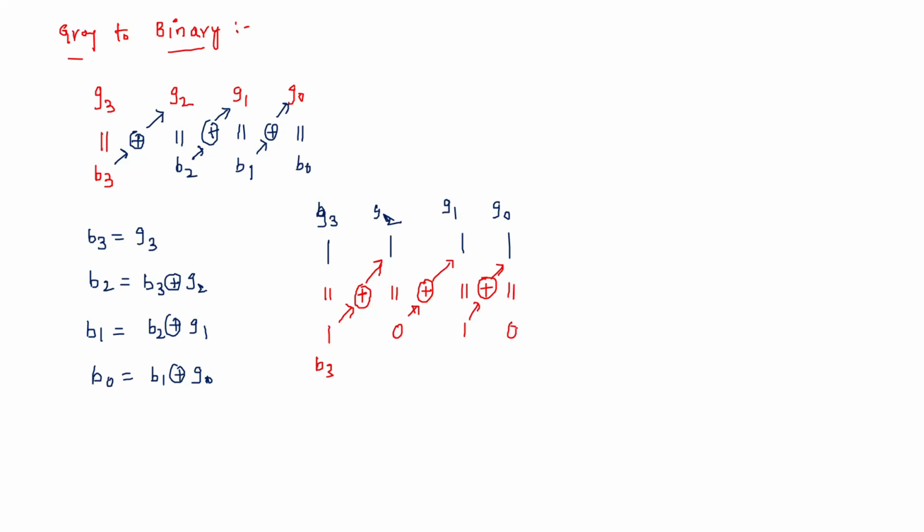So this is the Gray code to binary conversion. Now I am getting the B2, B1 and B0 values.